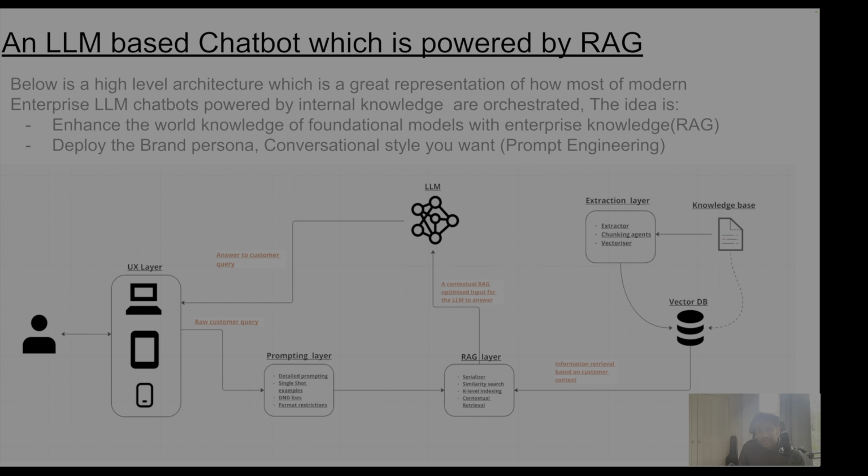This architecture is quite a simplistic representation, and most of the enterprise RAG applications that you will see fall into this bracket somehow. It might have a different way of looking at it, but in essence, all of them are quite similar. So all of them will have a UX layer where any customer will interact with a large language model, which might be through a computer, a mobile application, or a tablet.